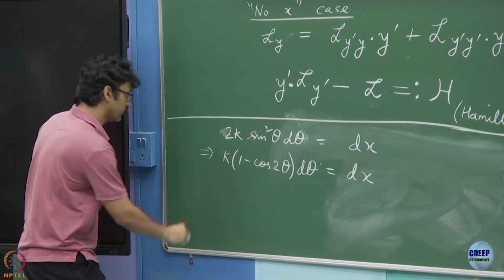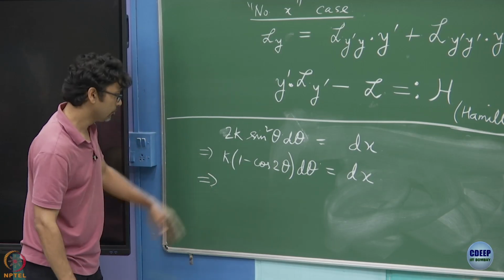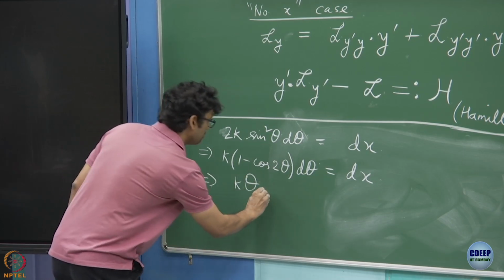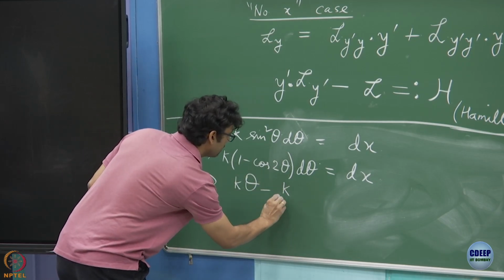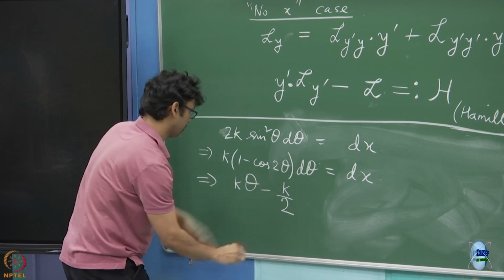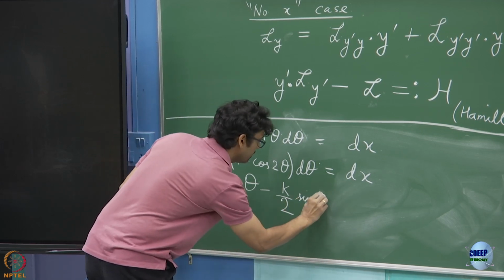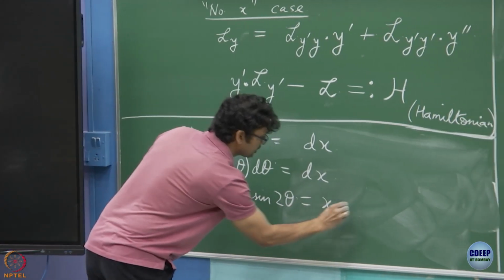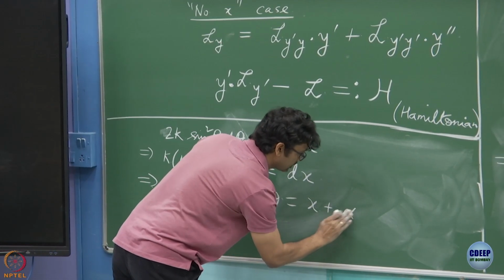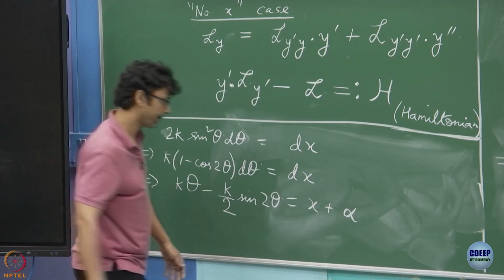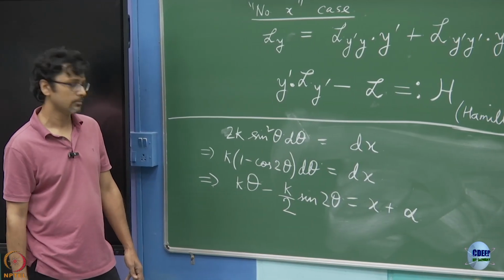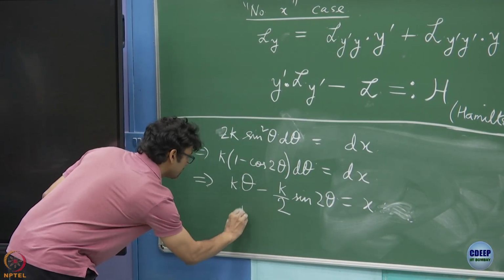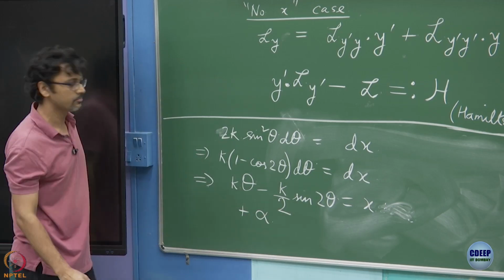So if we now perform integration on this, we can do that. K theta minus k by 2 sine 2 theta is equal to x plus some constant alpha, right. So I can just put this alpha back here, maybe call this as some plus alpha here, doesn't really matter.